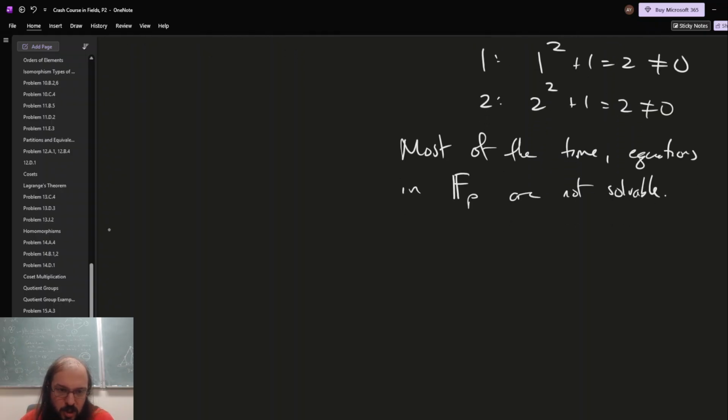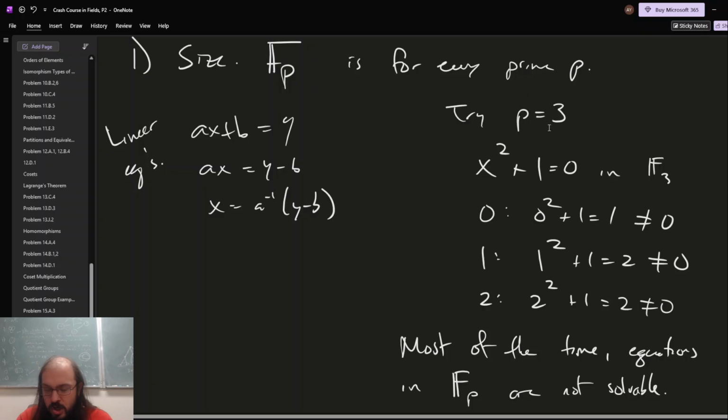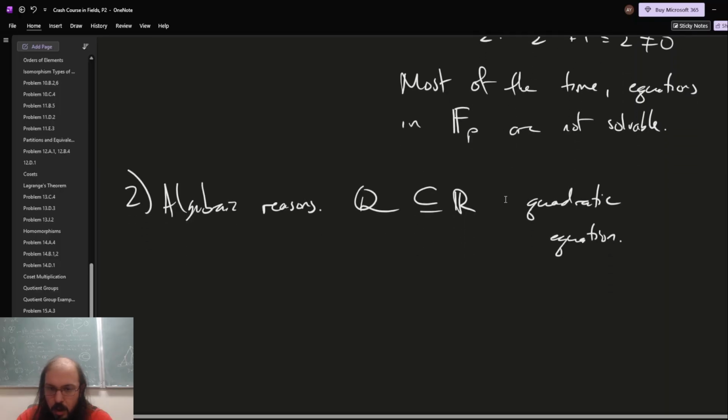The other situation is just good old algebra reasons. For example, we know that when we're working with Q, Q is sitting inside of R, where the quadratic equation holds. Maybe you were asking yourself before, could I do the quadratic equation on this? That's a great question. Hold that thought.